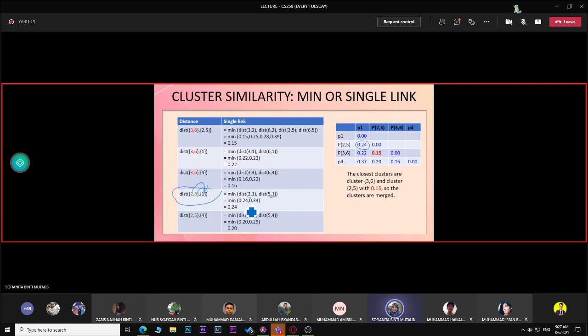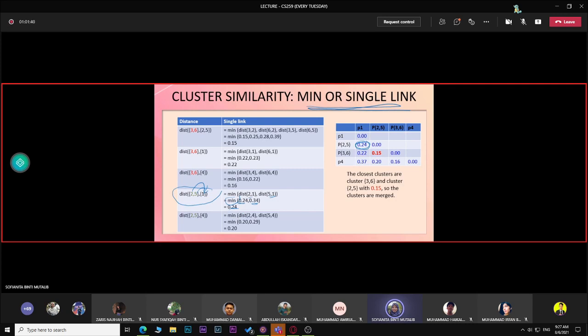So you can see 0.24 and 0.34. Remember we are using single link, so the operator is min. So the distance between these two clusters is 0.24. Understand? So the 0.24 will be put here.